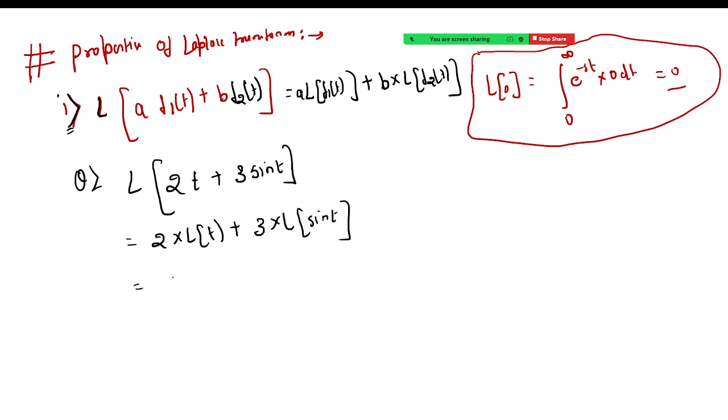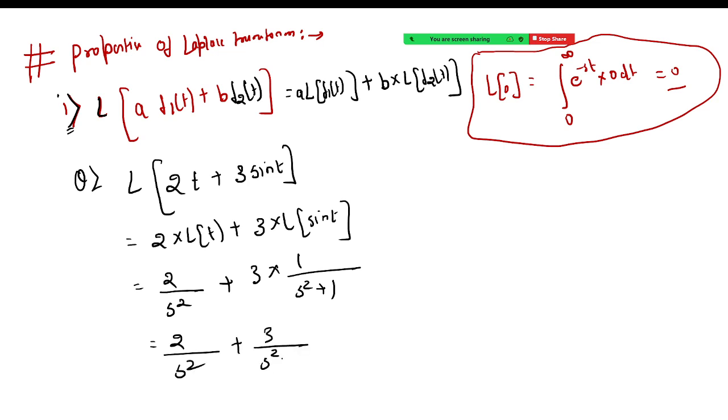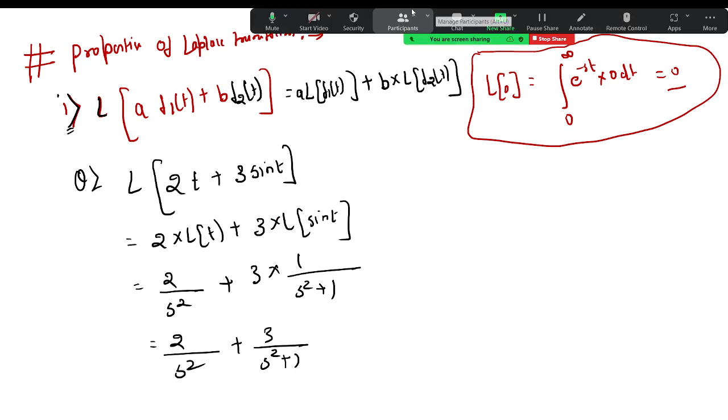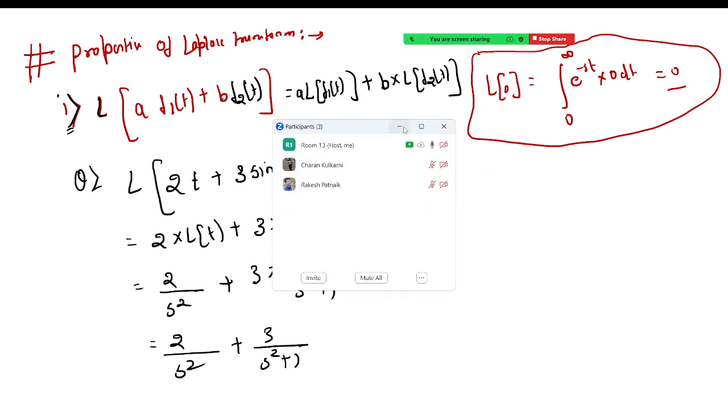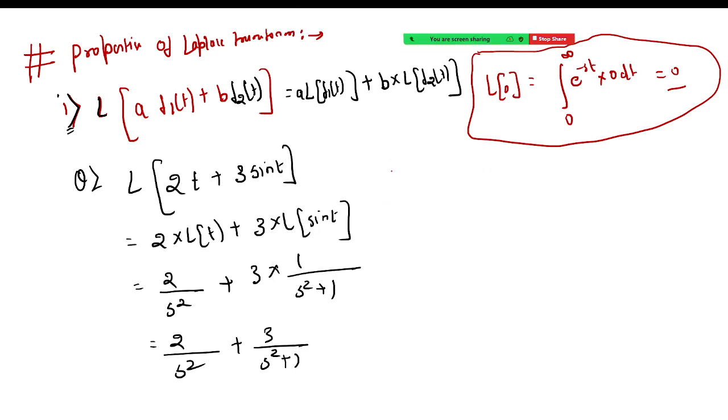So Laplace transform of cos t is s upon s square plus 1, so 2 s upon s square plus 1, plus Laplace transform of 3 sin t is 3 into 1 upon s square plus 1. So the Laplace transform will be equal to 2s upon s square plus 1 plus 3 divided by s square plus 1, right? So you will be getting this particular Laplace transformation. I hope these things are clear to all of you. This is some basic property of Laplace transform that you need to understand, right?